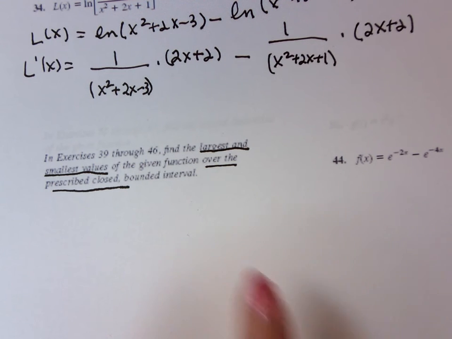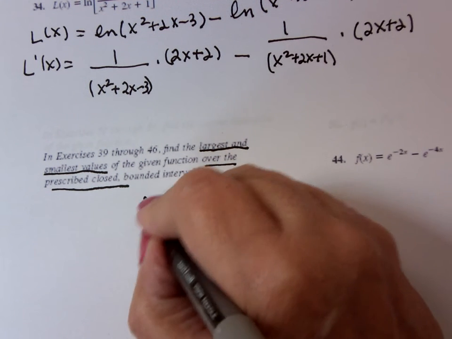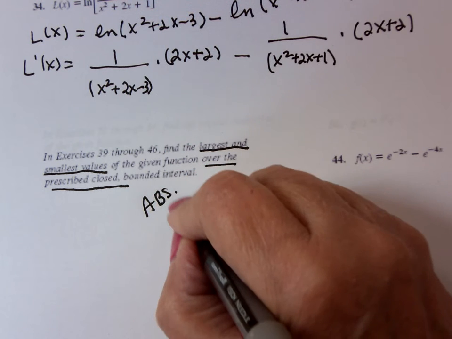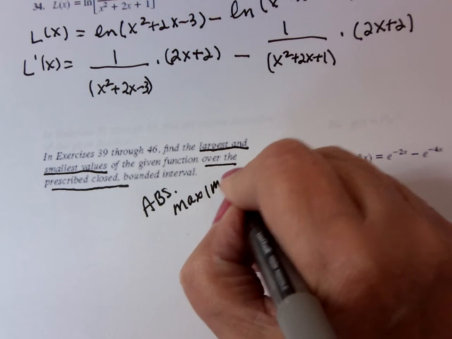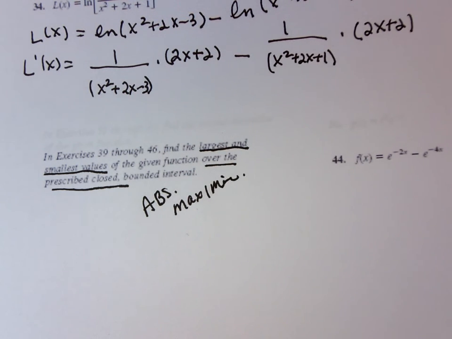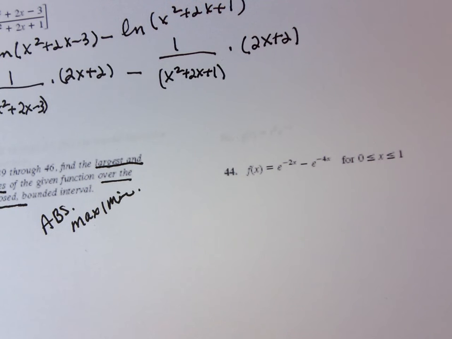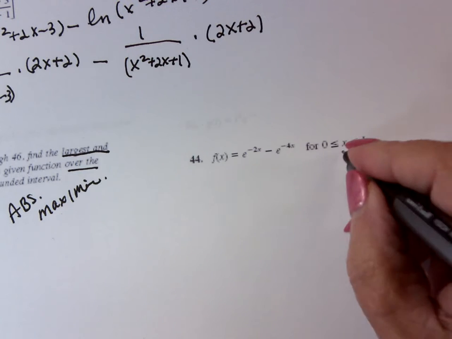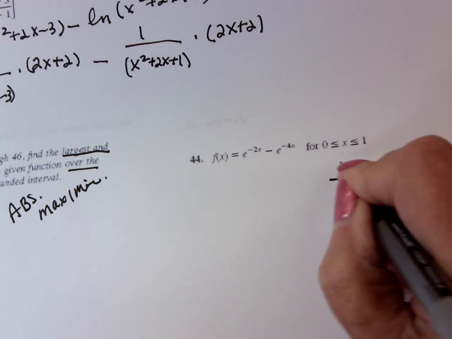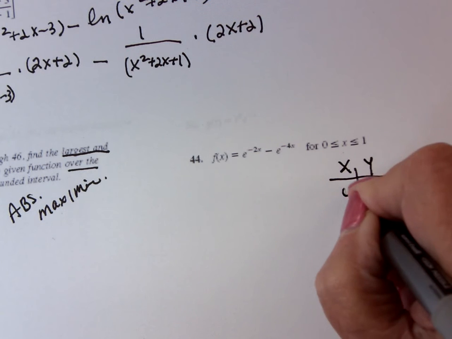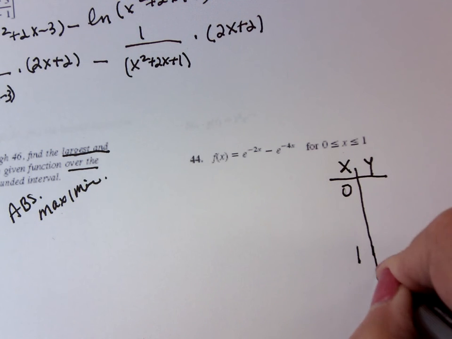So the minute I realize that this is an absolute max min problem, it only deals with the first derivative, and so I'm not looking for increasing, decreasing, concave up, concave down. I'm looking for only the absolute max min. There's my interval. I set up my T-bar chart, and I'm going between 0 and 1.